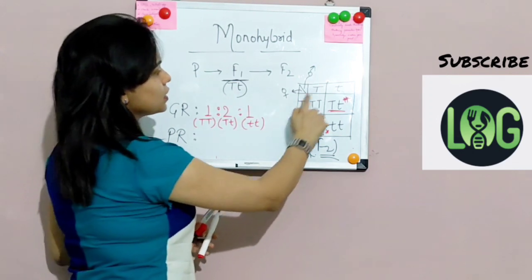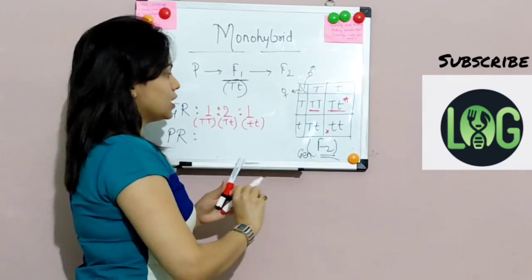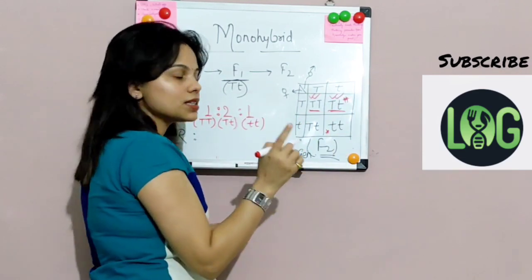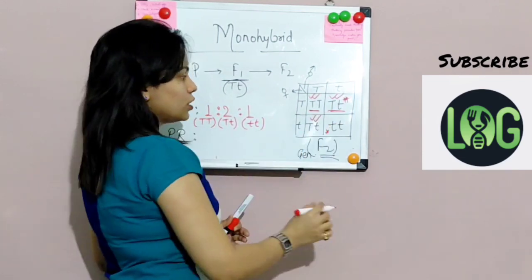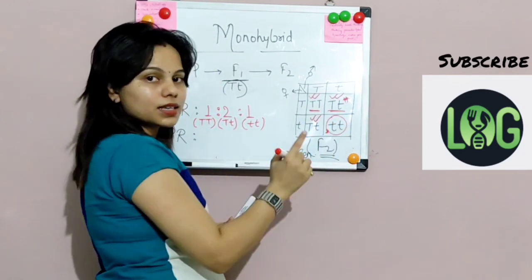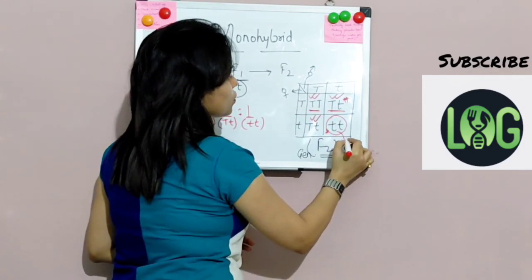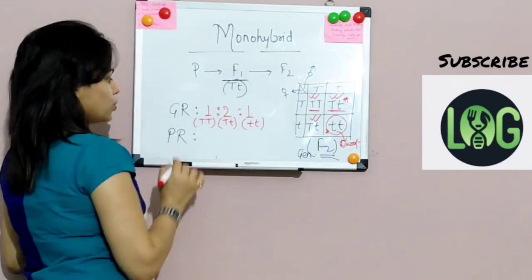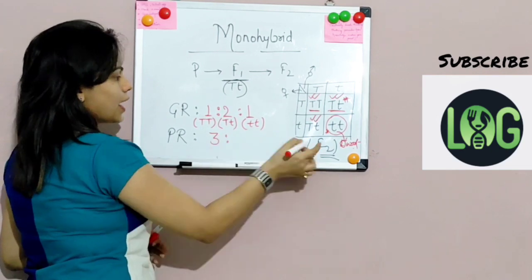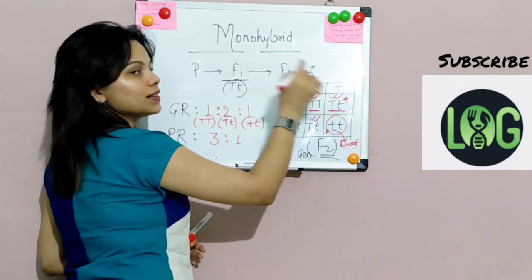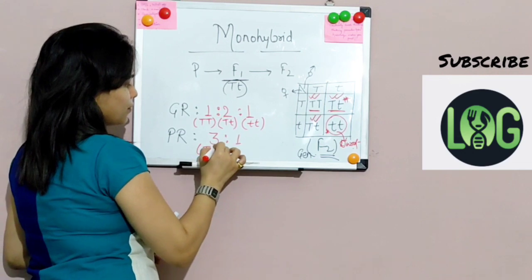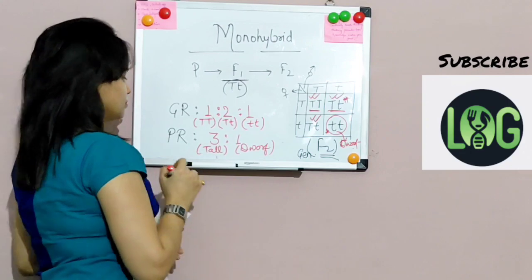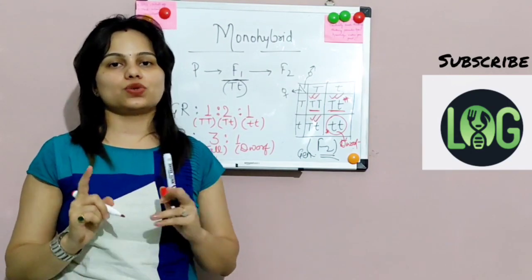Whereas, if we consider the phenotypic ratio, this is going to be tall, this is also going to be tall because T is dominant, and this is also going to be tall. But this one, as it is homozygous recessive, will be dwarf. So 3 are tall and 1 is dwarf among these 4, and that is the phenotypic ratio, 3:1.